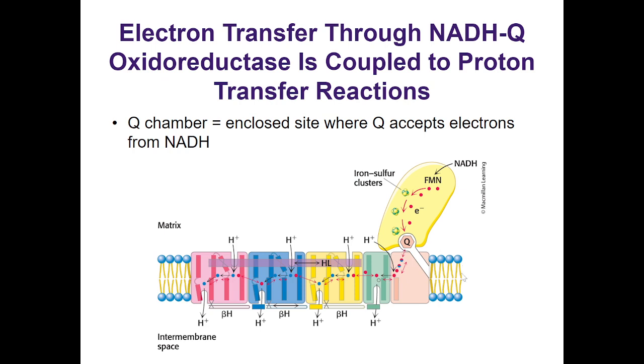Okay, and so this is going to go into the Q channel here. It's going to be an enclosed site here. This is actually quite important because the intermediates that we're going to make are charged, right? Many of those things are charged. And so we're going to have a lot of difficulties moving these things around if we try to do this in a membrane-like situation, right? That's very nonpolar.